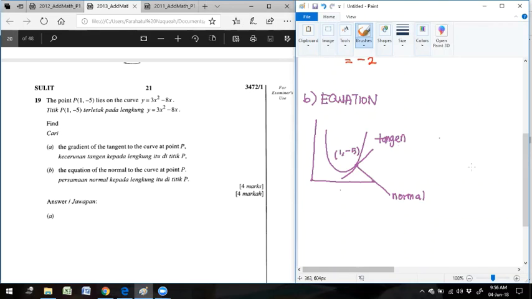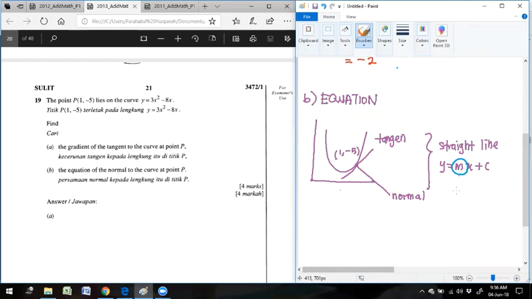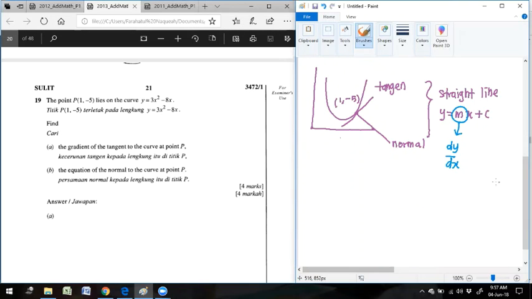Tangent and normal are straight lines, so always use this equation: y is equal to mx plus c. Only for the gradient do we use the function dy/dx. Okay, clear until now?